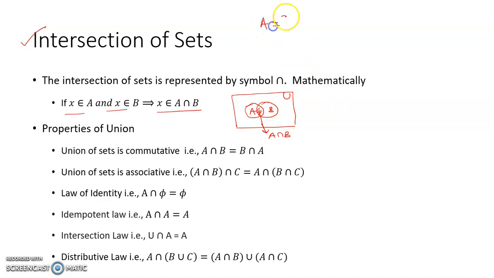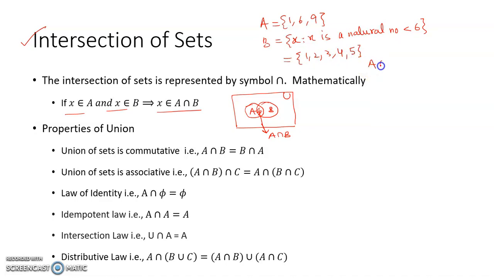Another example: you can have A as 1, 6, 9, and B is, let's say, the set of X such that X is a natural number less than 6. So it's very simple. If I want to write it in tabular form, it is going to be 1, 2, 3, 4, and 5.